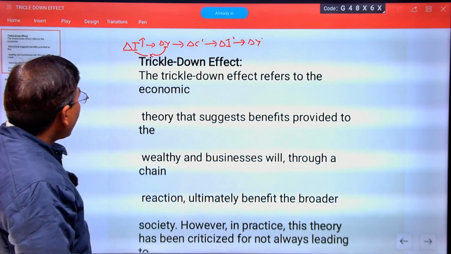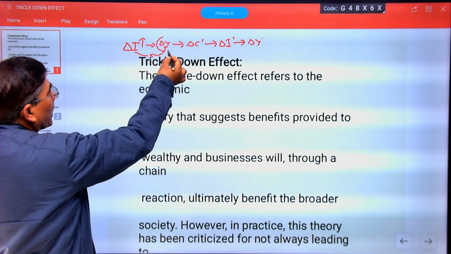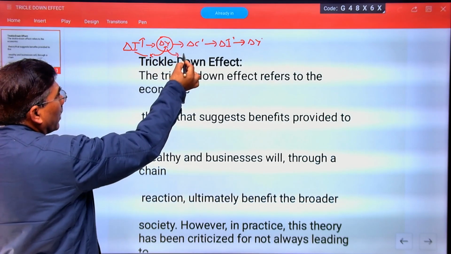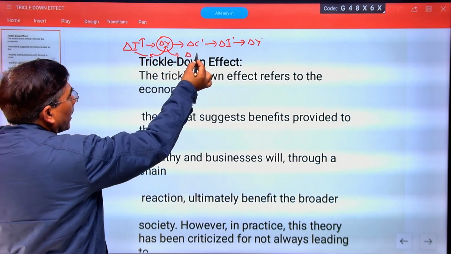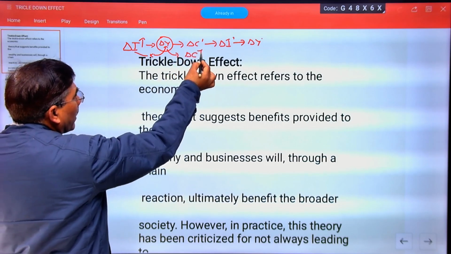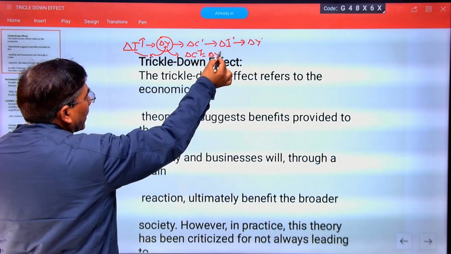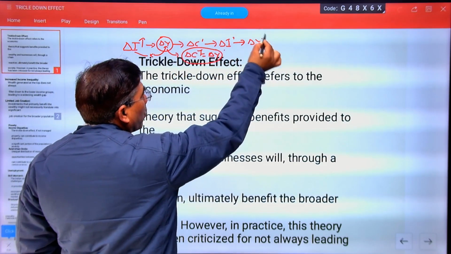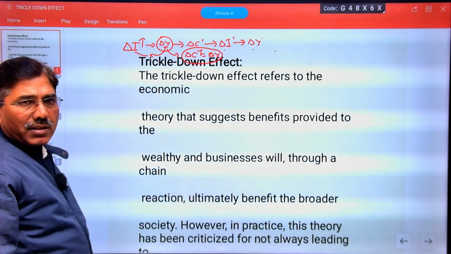Why? As the income of the society increases, because our society is more poor, our consumption increases more, or it was equal to the increase in national income. In this way, the secondary, tertiary, and so on effects of the multiplier were zero.